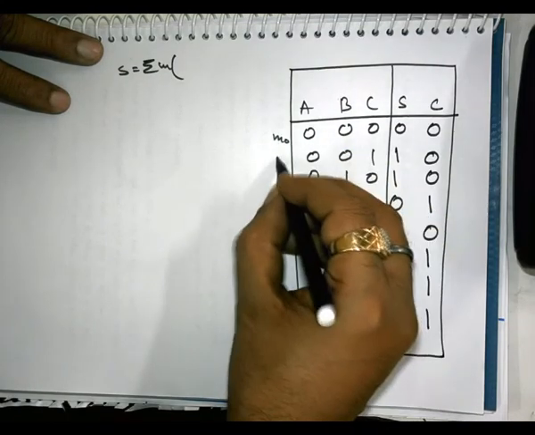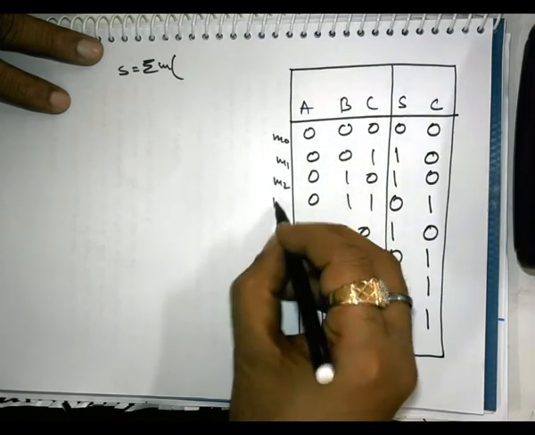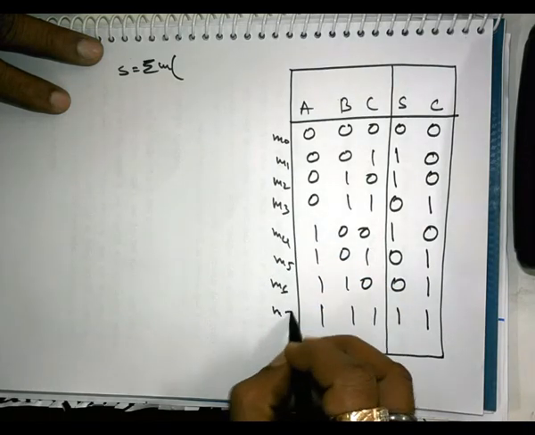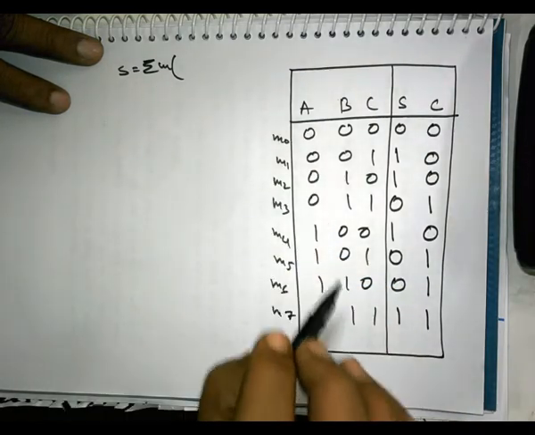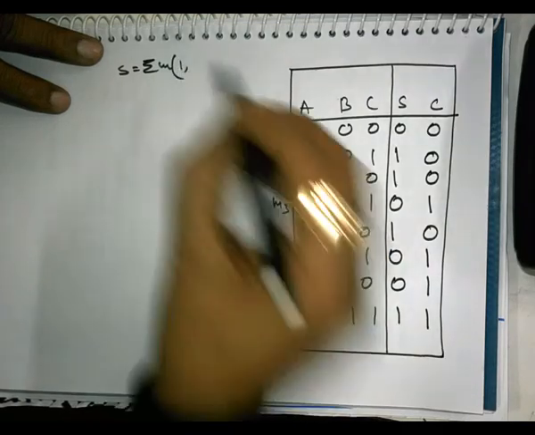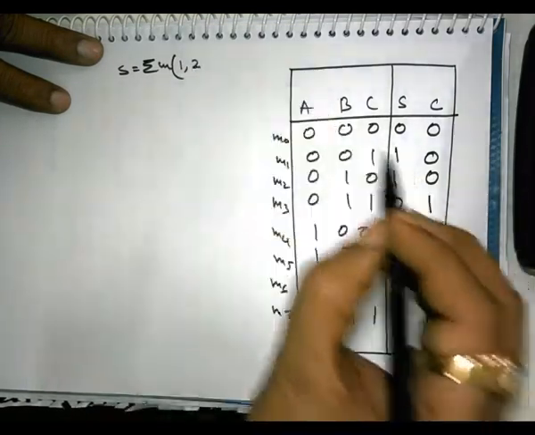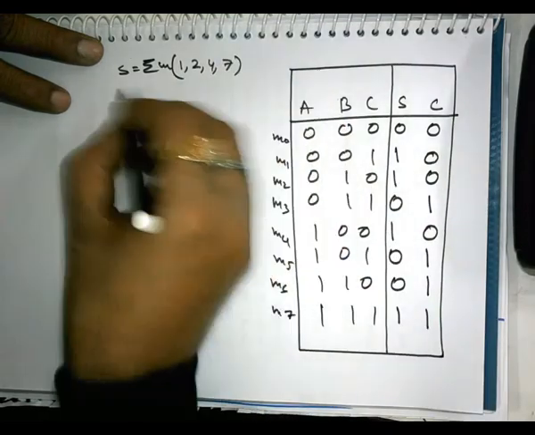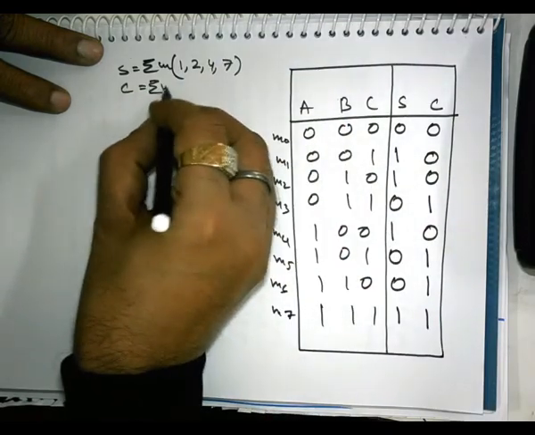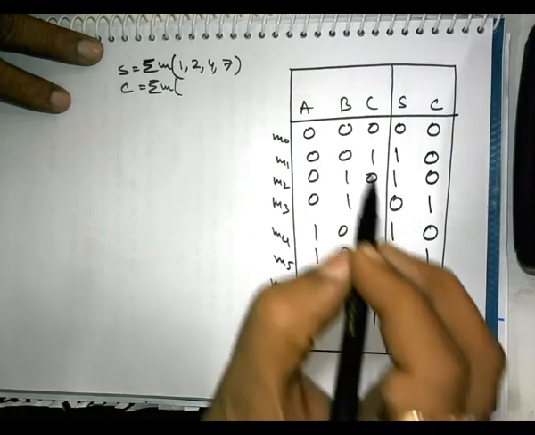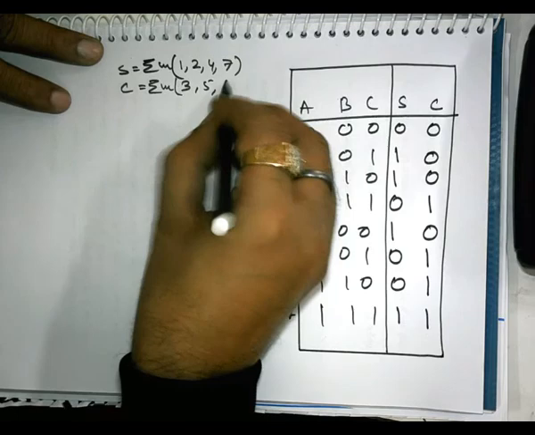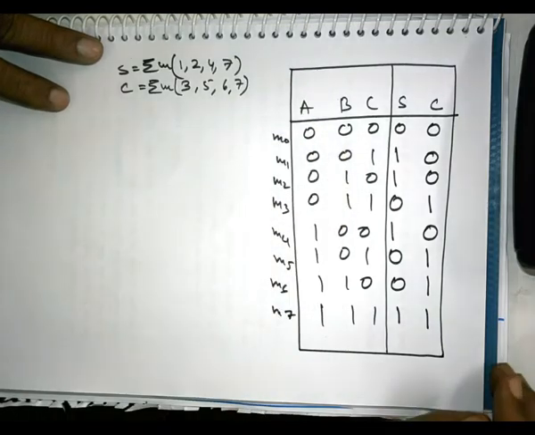This is M0, M1, M2, M3, M4, M5, M6 and M7. The min terms which are 1 are 1, 2, 4 and 7. And for carry, the min terms which are 1 are 3, 5, 6 and 7. Okay.